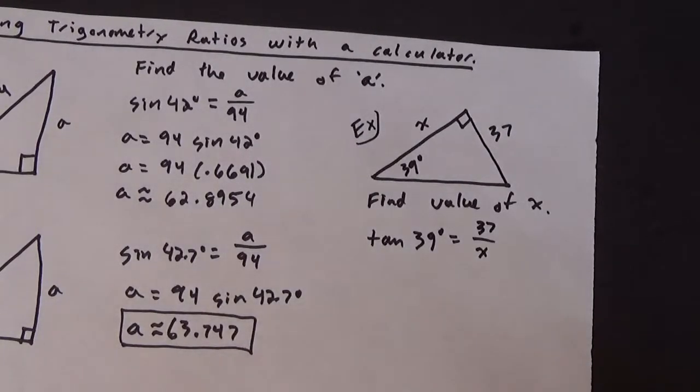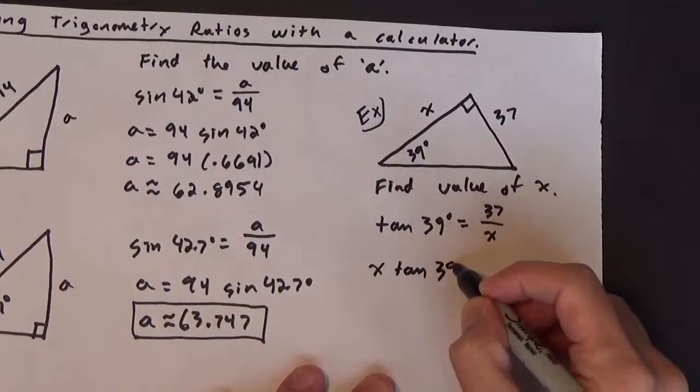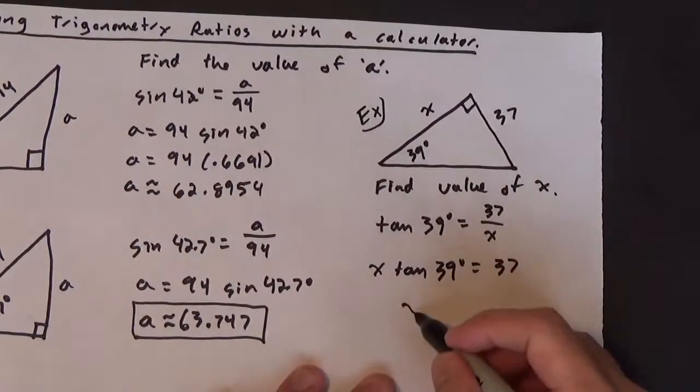Now, don't use your calculator yet. Some students want to say, let me figure out what the tangent of 39 degrees is. Don't do that. Wait until the very end. So let's first solve for x. We multiply each side by x, so we get x times the tangent of 39 degrees equals 37, and then we divide by the tangent of 39.